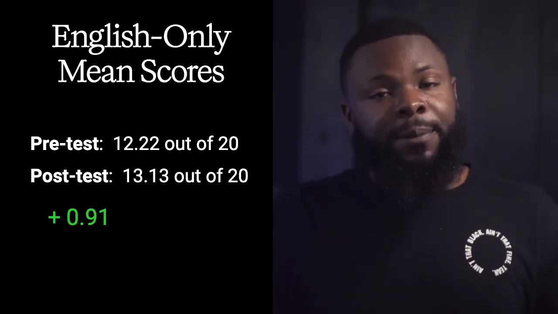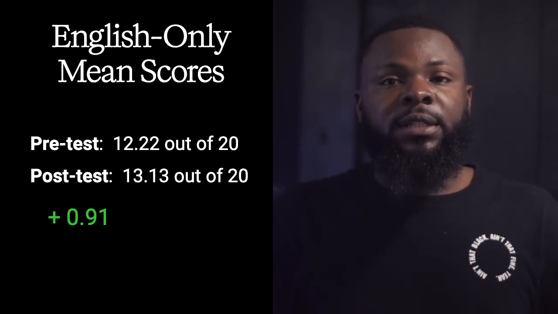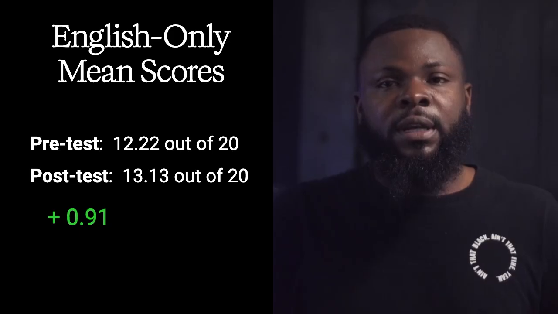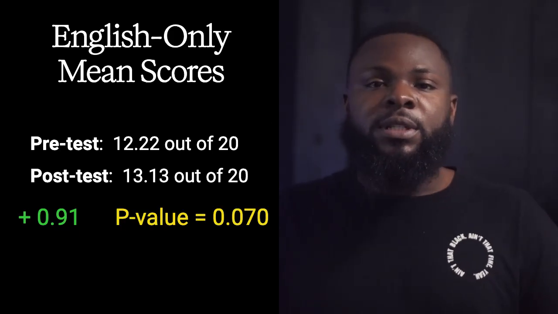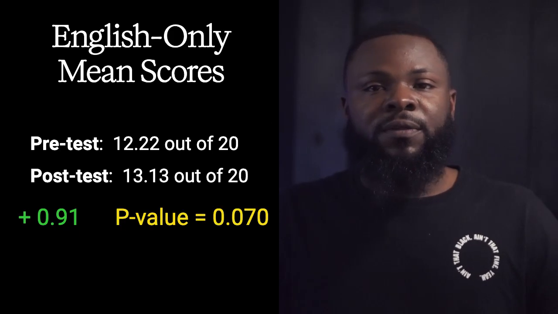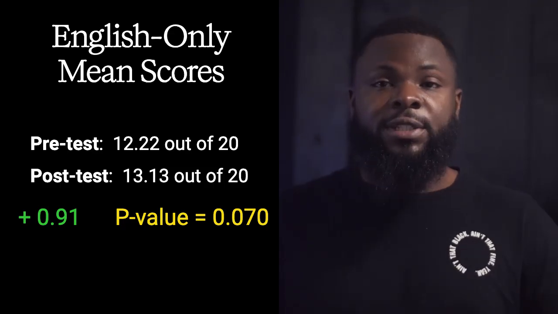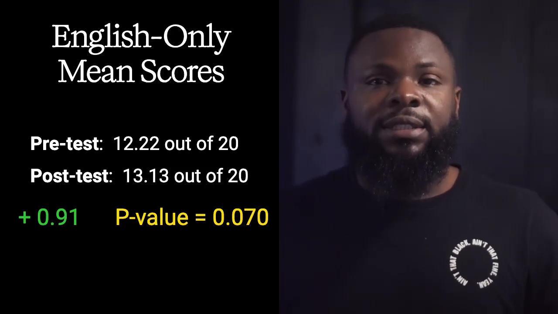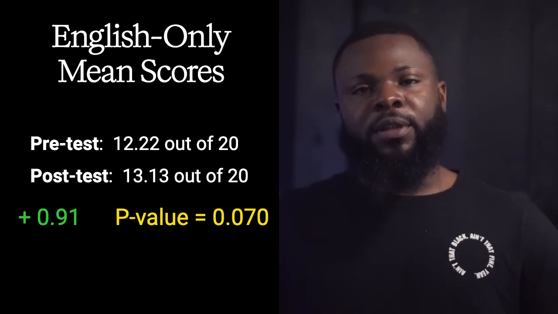And here's the key part. Statistically, the difference wasn't significant. The p-value was 0.070, close but above the threshold of 0.05. Translation: teaching only in English didn't produce a real improvement in math achievement. The students didn't learn more. They just, quite frankly, got a little bit older.